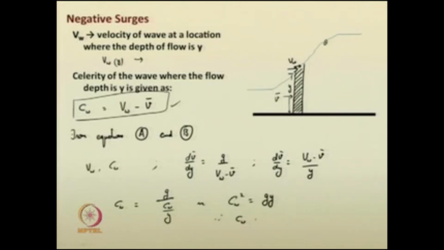Therefore, the celerity C w is equal to plus or minus root of g y. So, for a negative surge, this is the standard representation of celerity, or this is how you derive celerity. Please remember it is only for a negative surge: plus or minus root of g y.